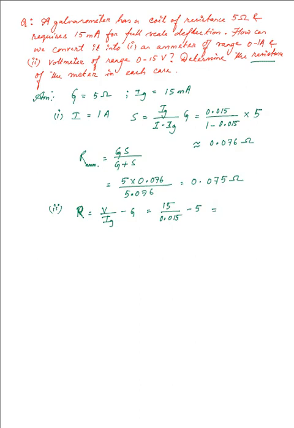This is 1000 times, and 1000 minus 5 is 995. So this is the resistance of the multiplier that we have provided in the galvanometer circuit, to convert it into a voltmeter, of course.